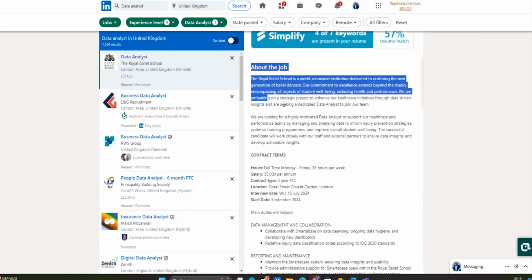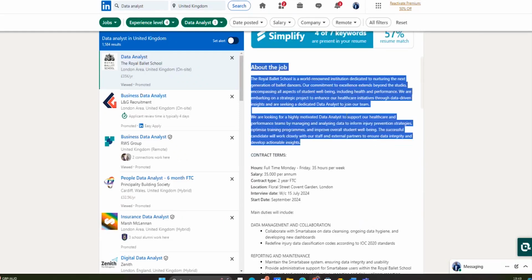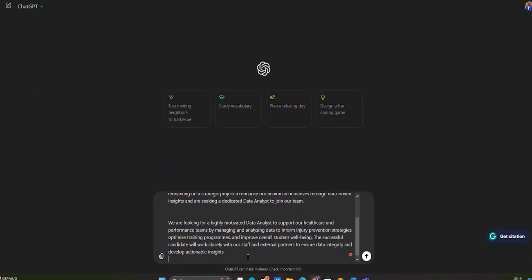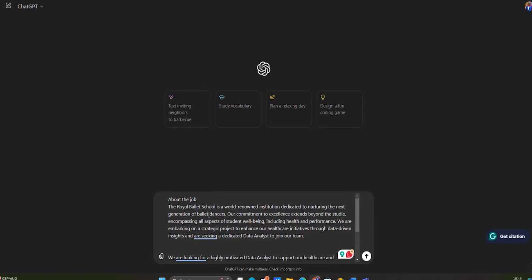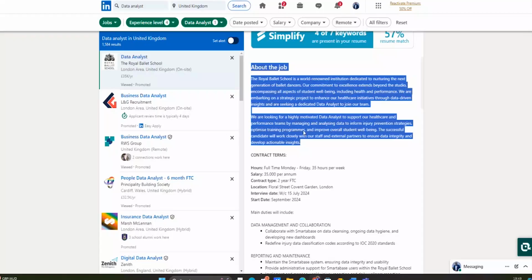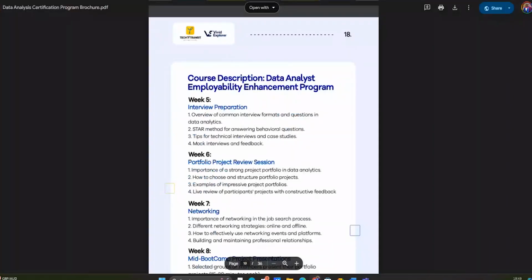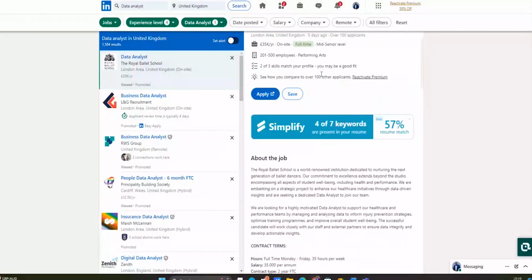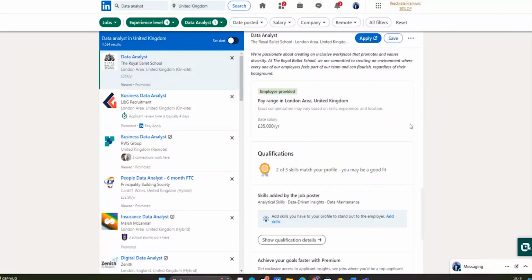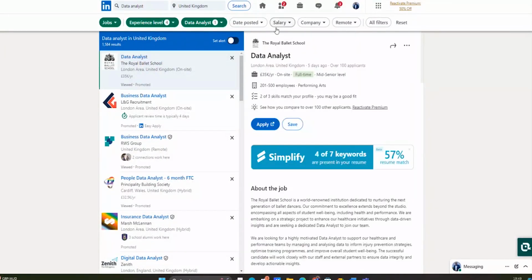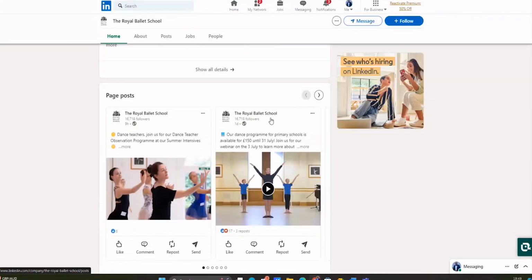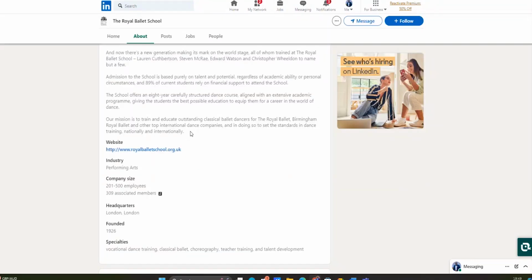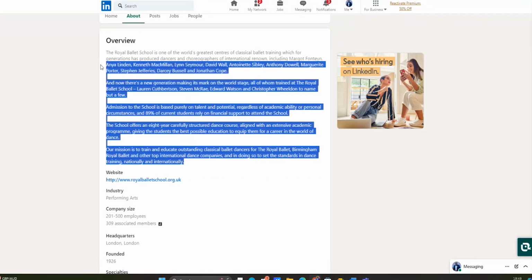I'm showing you how I do things and how it's been working, and this is how we get massive results. You copy this, paste it on ChatGPT. But before that, you would say you're applying for a role of a data analyst or data scientist or whatever at the Royal Ballet School. And then you come to their about. Sometimes you go to their website to do this. Then you copy all this information as well.